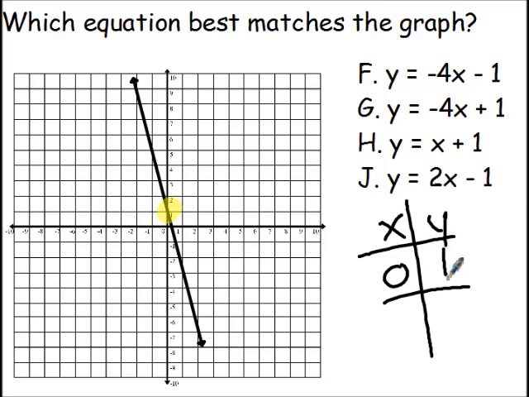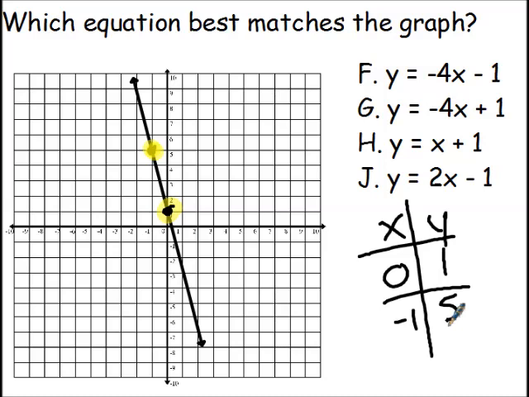And we'll need one more point, at least, in order to determine this. I see when x is -1, y is 5. So I'll put when x is -1, y is 5.